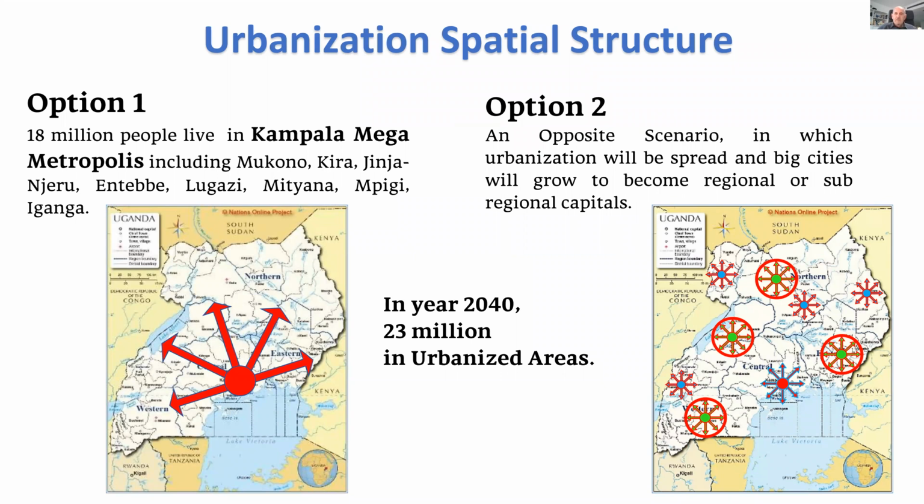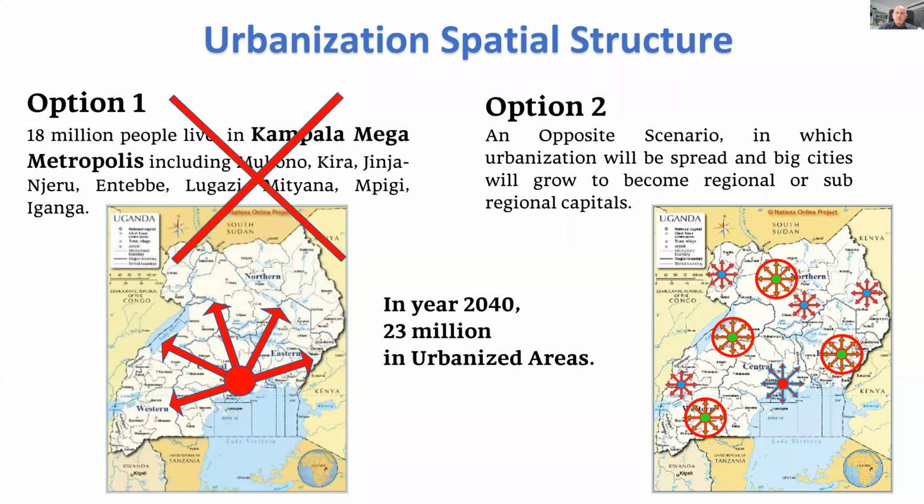And we created instead an option number two, which said, okay, Kampala is the bigger one, but there are other main cities which should act as poles of economy and development and be big enough to grow in the region itself.